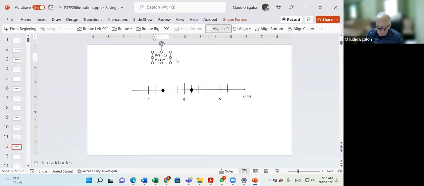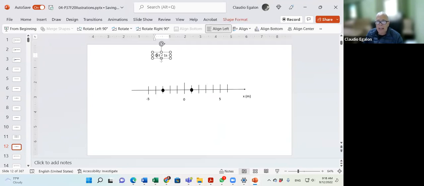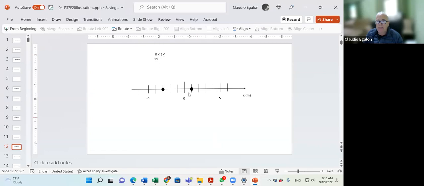I should put the equal as well. And we ended up having a positive displacement in this case. A positive displacement can also be represented by an arrow pointing from the left to the right. Initial position here, final position here.